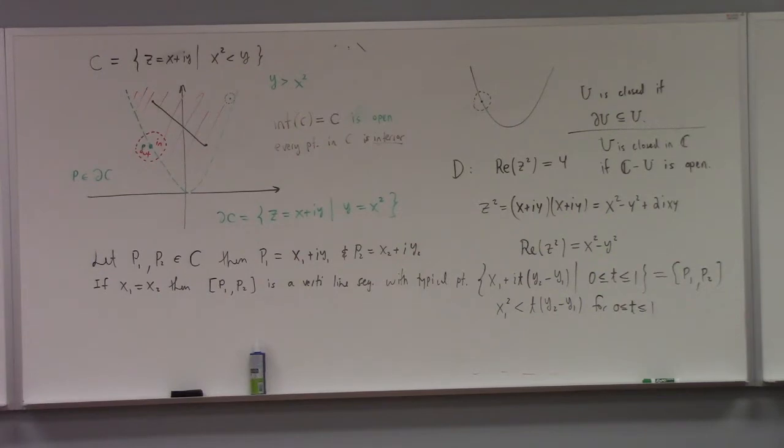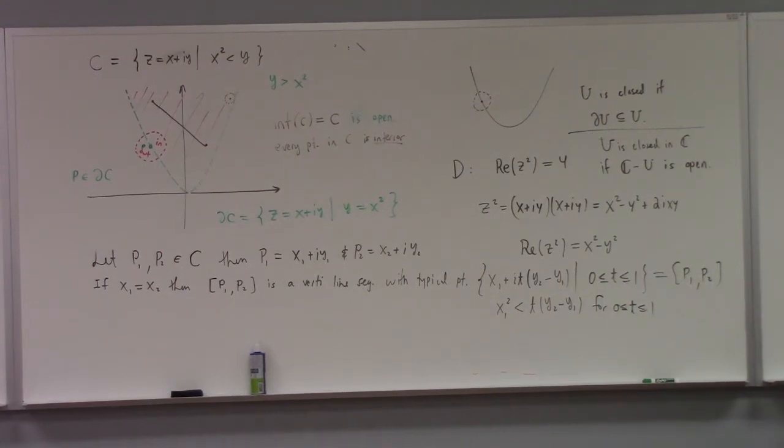I think that's the condition that needs to be met for it to be in C. But of course, we also know that x1 squared is less than y1 and x2 squared is less than y2. That's given because we're assuming that those points are in C. You'd have to use those to prove that inequality.